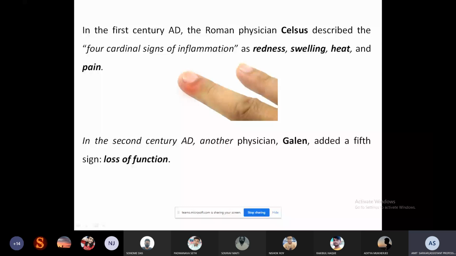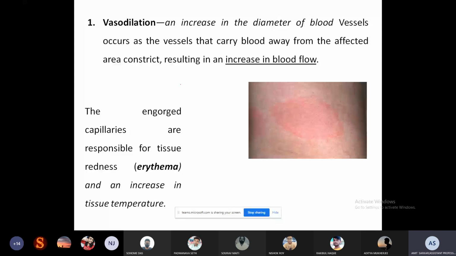Now you might wonder that we are having some problem, so where is the protection? It's not protecting us. But that is not true. Now what happens? First of all, why is it becoming red? It's called vasodilation. Vasodilation means an increase in the diameter of blood vessels, occurring as the vessels that carry blood away from the affected area constrict, resulting in increased blood flow.